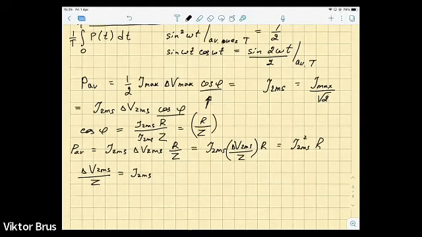So now, once we have got this equation, maybe some of you will make a comment. What does it actually mean for an AC electric circuit? Which component in an AC electric circuit defines how much electric power is dissipated in the form of heat?